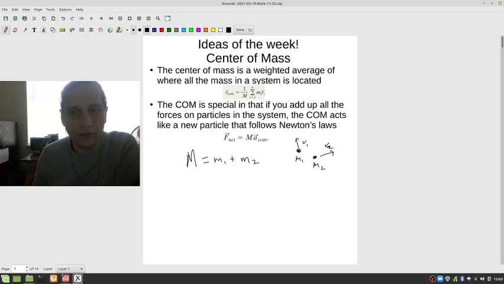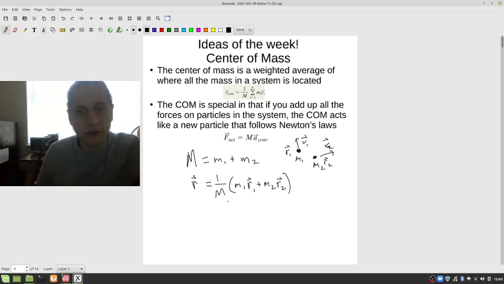They certainly have positions, R1 and R2, and I'm going to put vectors on all of these because these are all vector quantities. So if you wanted to find the center of mass, you would go 1 over the combined mass times mass of the first times position of the first plus mass of the second times position of the second.